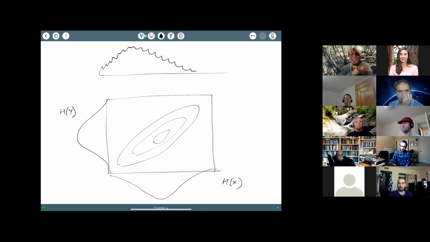It's a closed form, whatever this thing is, the ellipse in this Gaussian case. So that's a whole different ball of wax. So we don't want to be able to do that.